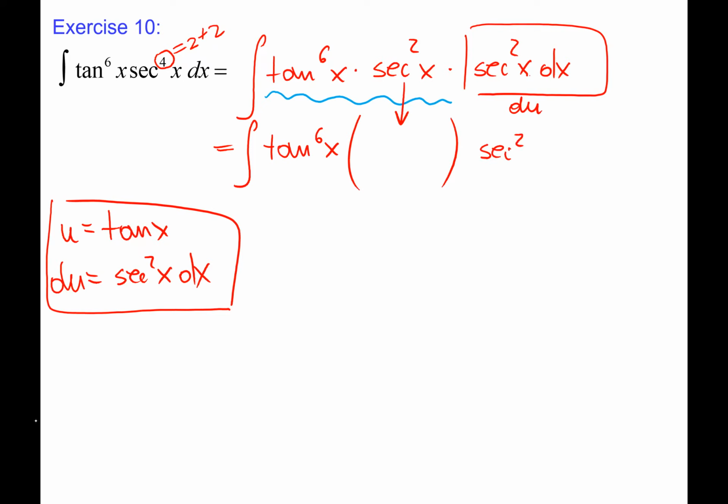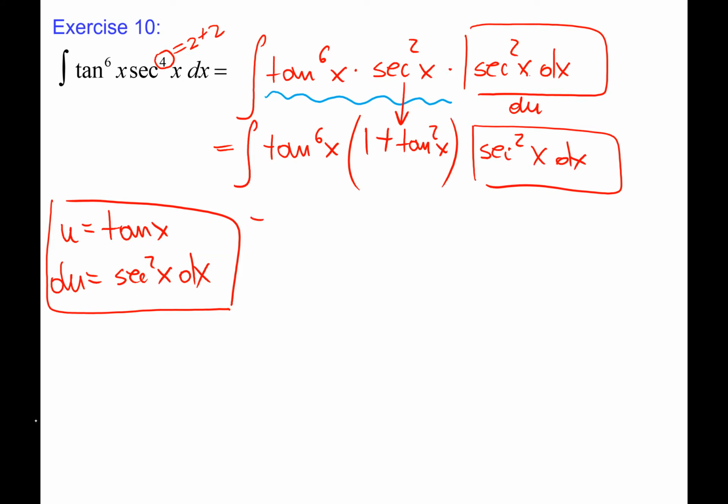And I will copy for us du. How can I rewrite secant squared? Is it tangent squared plus 1 or minus 1? Plus 1. I always have to think. Yes, thank you. That's really good. Tangent squared of x plus 1.